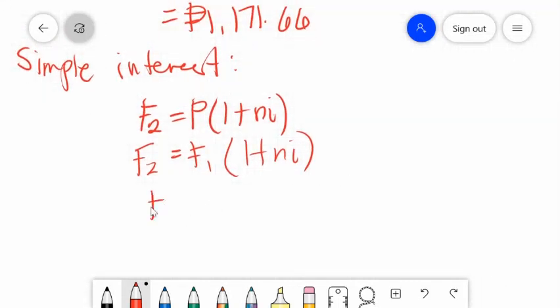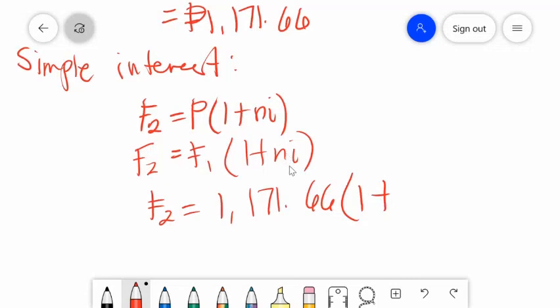So F2 is equal to 1,171.66 multiplied by 1 plus N. What is our N? 7 months all over 12 months, times the interest 0.08.